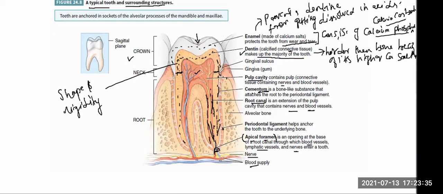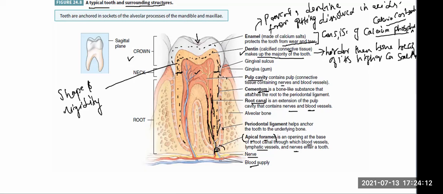And then there's a space enclosed by this dentin, which is your pulp cavity. In this pulp cavity, you have blood vessels, lymphatic vessels, and nerves, right? And these nerves give you sensation. The pulp cavity has narrow extensions which we call root canals, and these root canals have an opening at the base, which is your apical foramen.